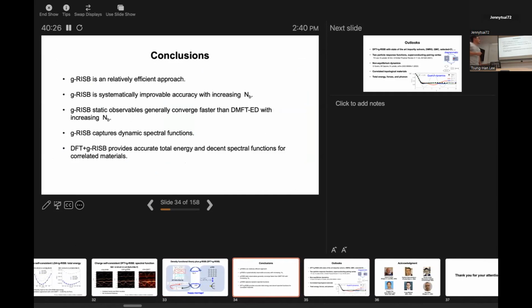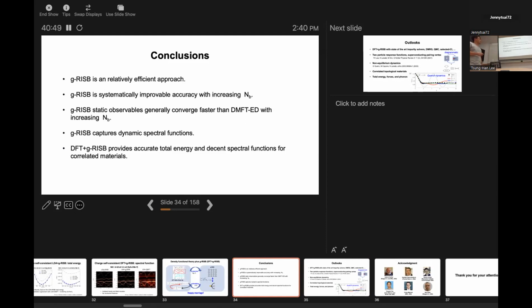So I have introduced ghost Gutzwiller. It's a relatively efficient approach compared to the dynamical types of embedding methods. And then we also show ghost Gutzwiller is systematically improvable as we include more and more orbitals in our ghost Gutzwiller calculation.